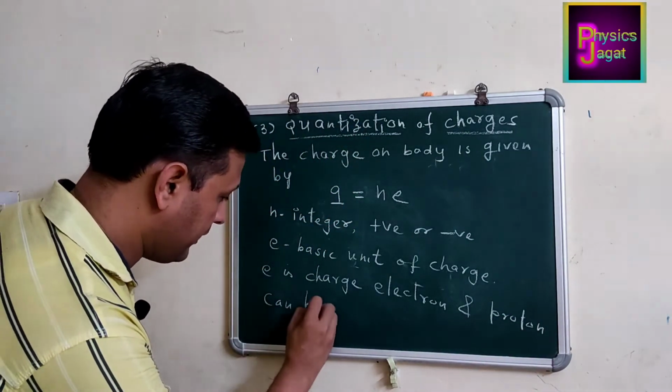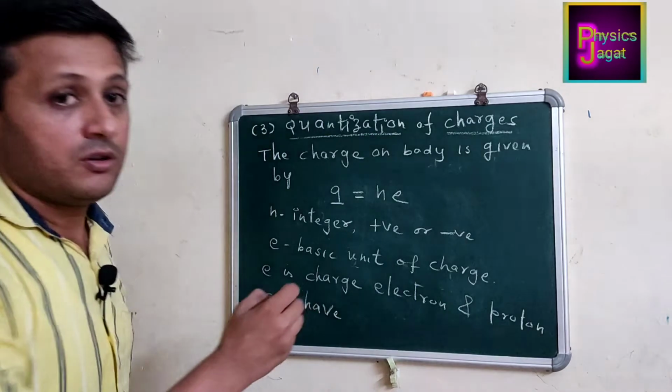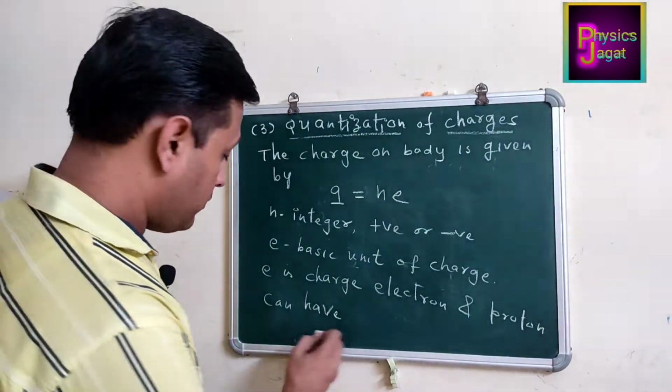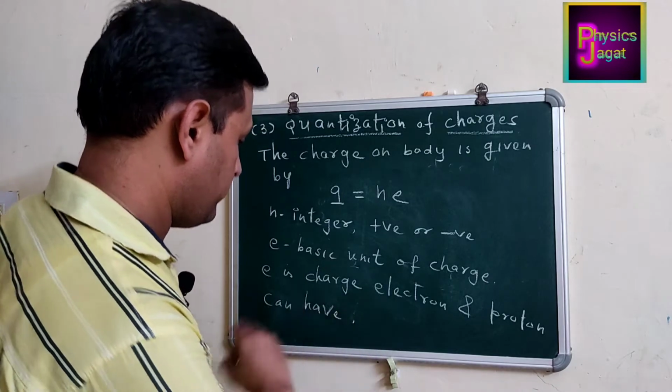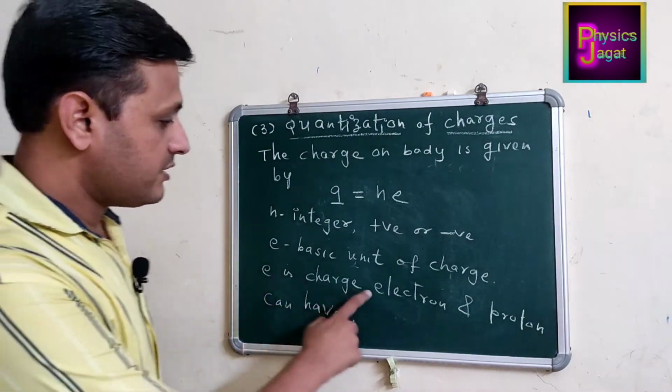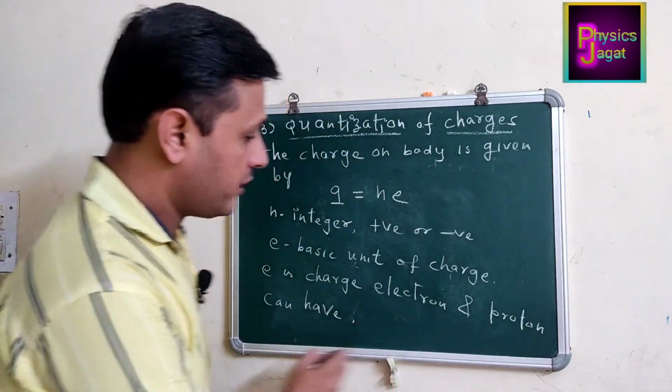Now you might think, why only electron and proton? Why not any other particle? So e is the charge that an electron and a proton can have.